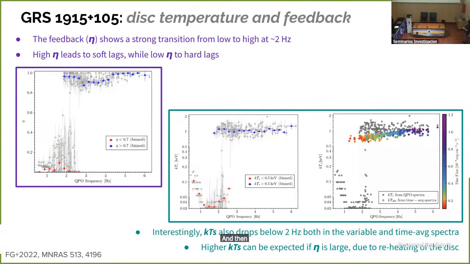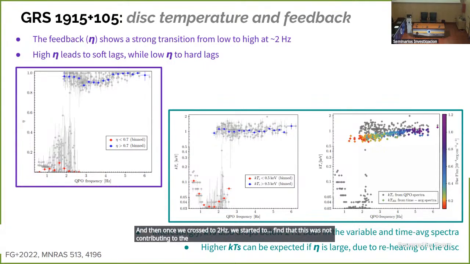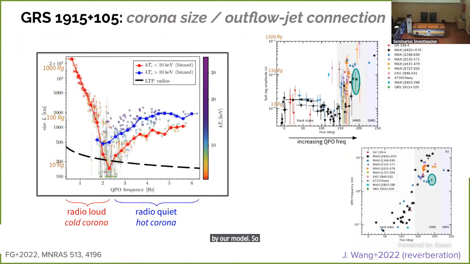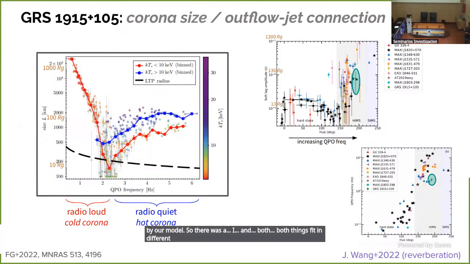And then once we crossed 2 Hertz, we started to find that the disk was not contributing to the spectrum anymore, which, given that this is RXTE data above 3 keV, is essentially what you predict when you have either no disk or a disk with a very low temperature as the one predicted by our model. So both things, fitting different aspects of the data, work in the same way.